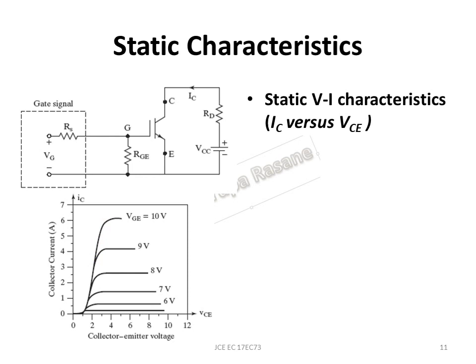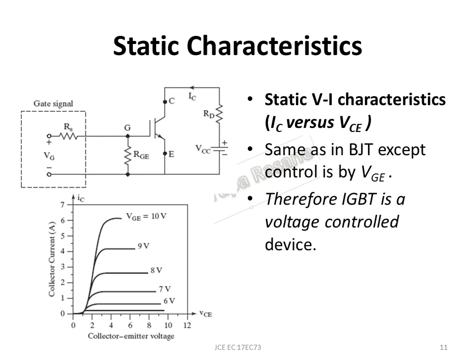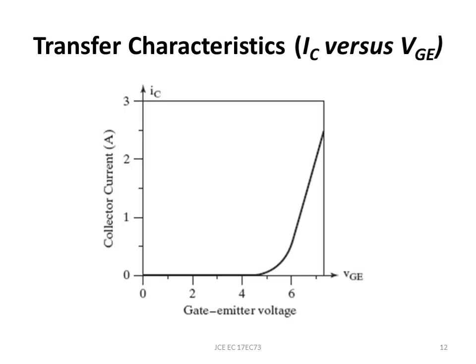So the static VI characteristic is drawn between IC versus VCE, and it behaves very similar to a BJT except the control is now VGE. Therefore, the IGBT is a voltage controlled device. This is the transfer characteristic where we plot IC versus VGE, right? And it behaves like a PN diode kind of, but this is your transfer characteristic for the IGBT.